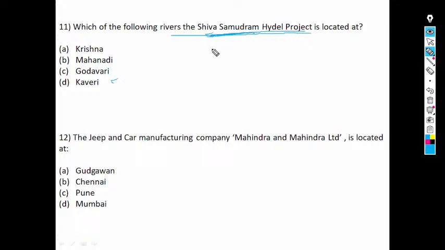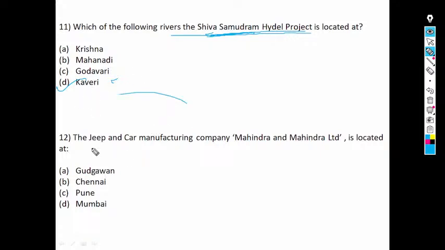Where is it? It is on the river Kaveri. Okay, we'll discuss then.